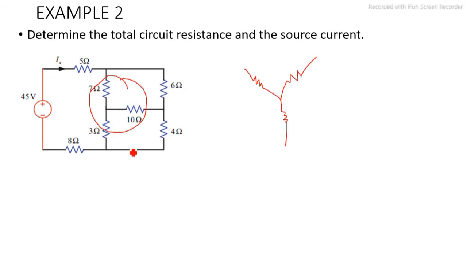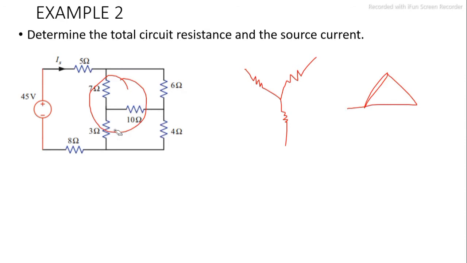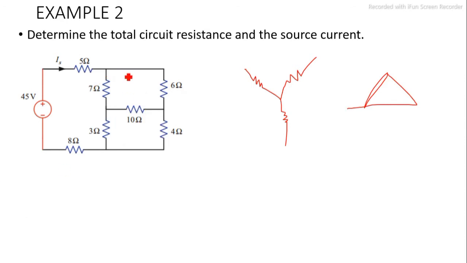So okay, let's convert this to Y, this to delta. If you want to convert to delta, you're going to have this.